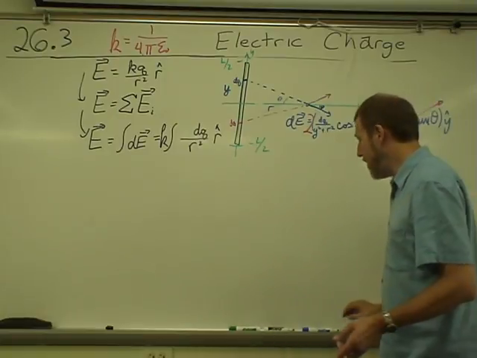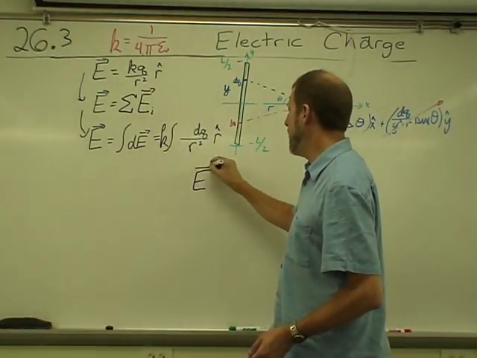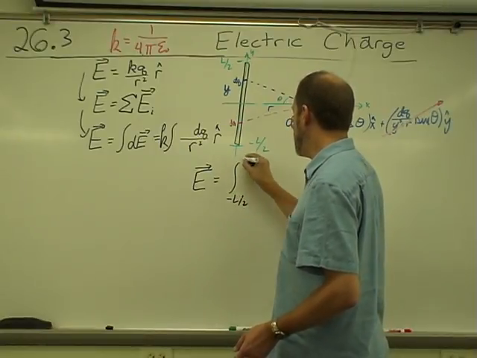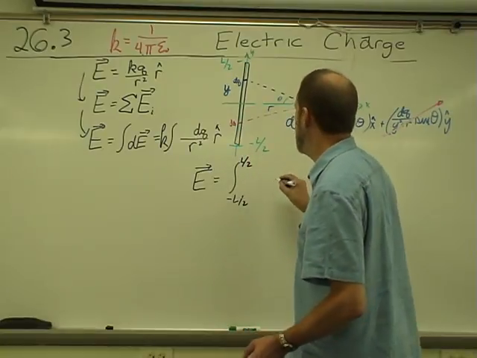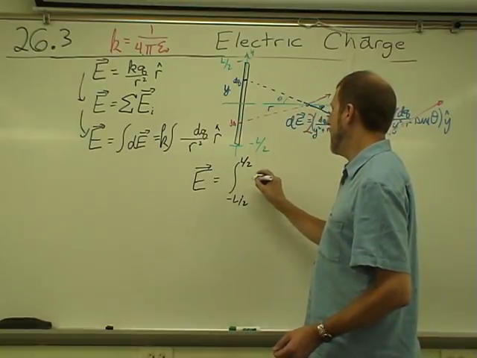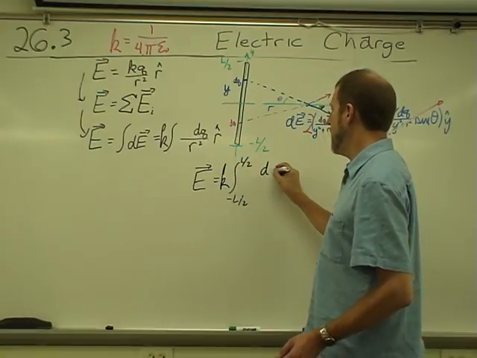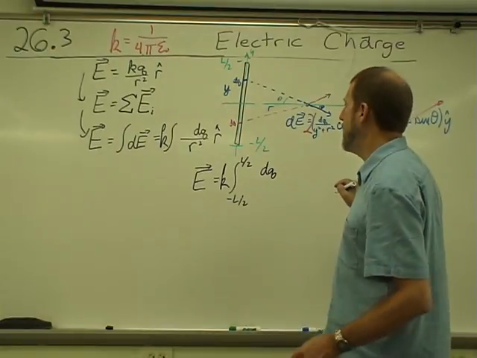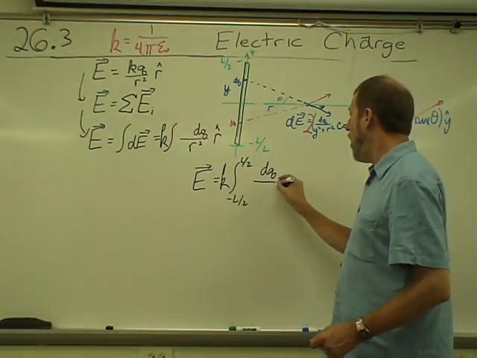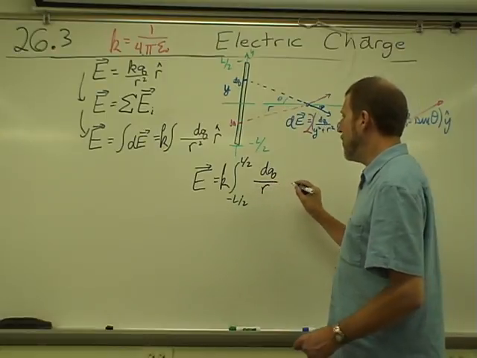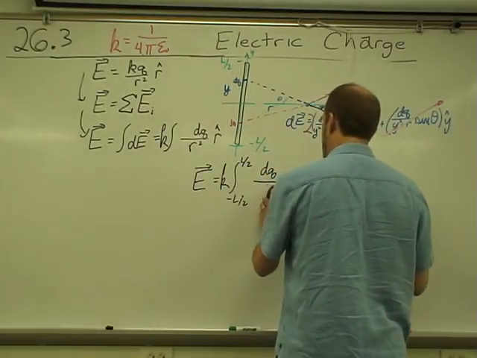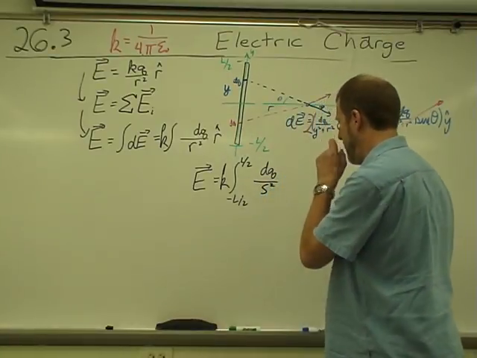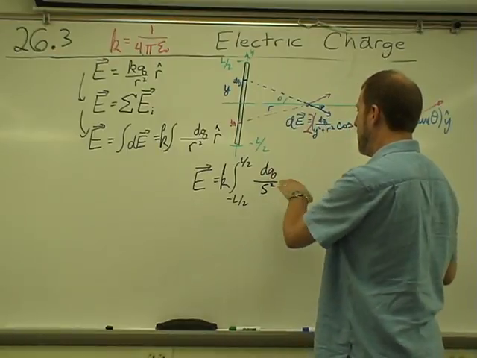So instead of simply looking at the electric field as the integral from negative L over 2 to L over 2 of k dq, k is a constant, it can come out front. dq, tiny differential charge, is what we're integrating over. The distance changes for each point, so, because I'm already defining r as this distance, let's say s squared for each point.